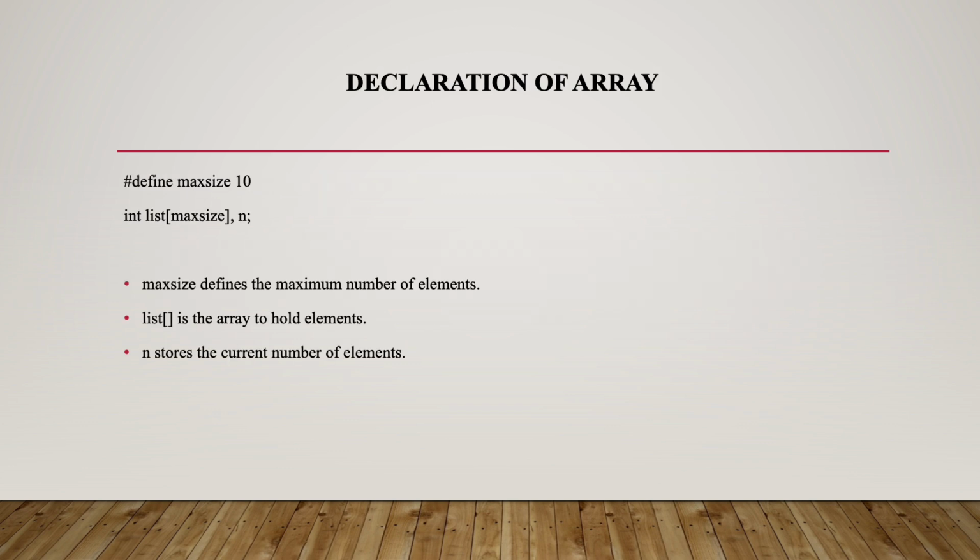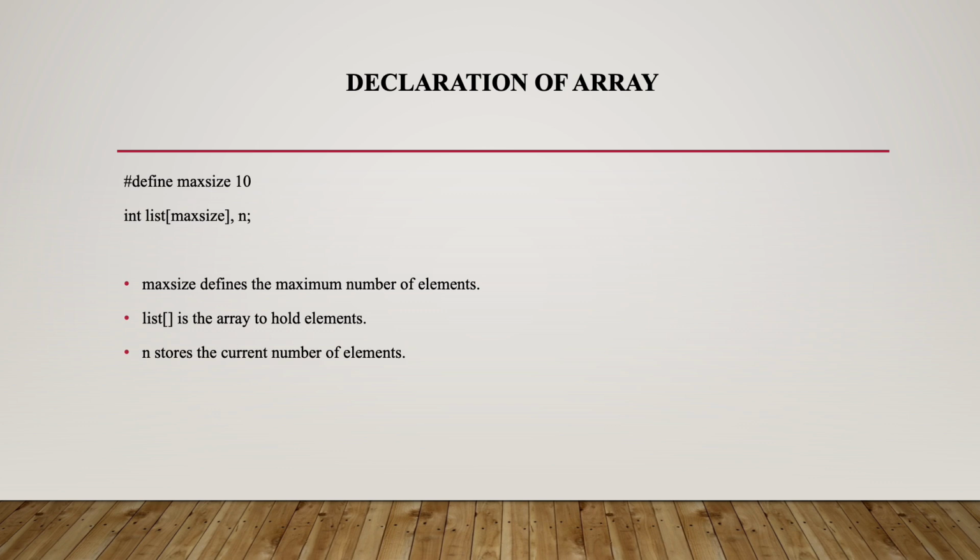Coming to the next topic, the declaration of an array. You can see how to declare an array in a C program. First we need to write #define MAX_SIZE 10.